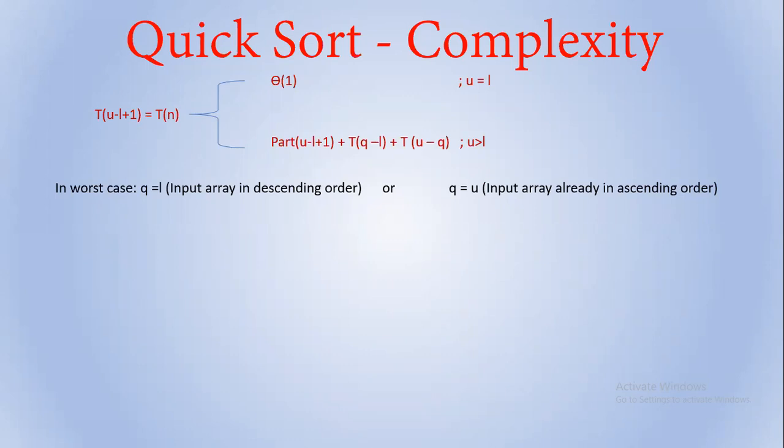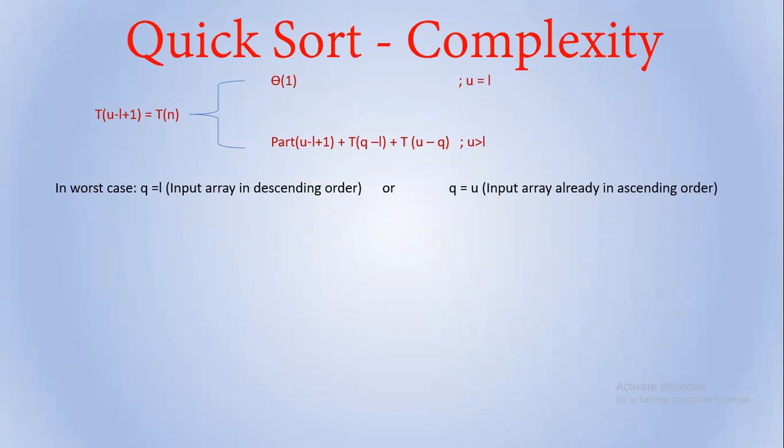But for quicksort, if the input array is in the correct ascending order, that means if we are given the solution that we want from the quicksort, it will have the highest complexity. So the worst case is when the input array is completely in descending order.